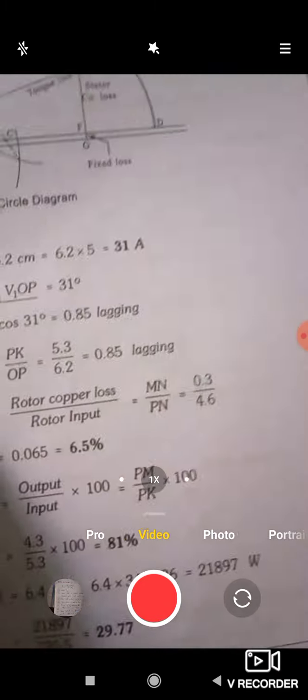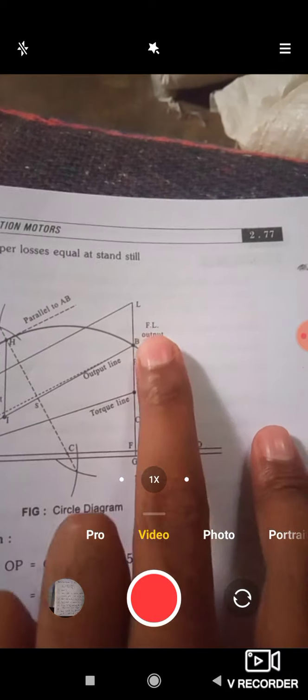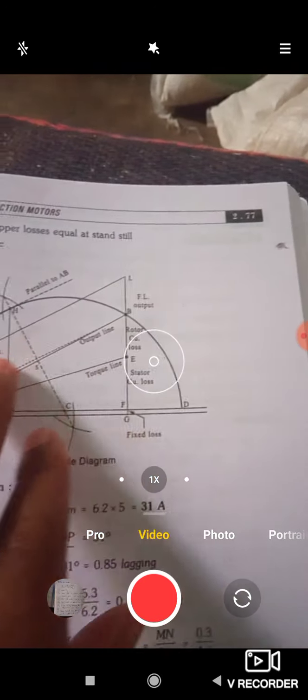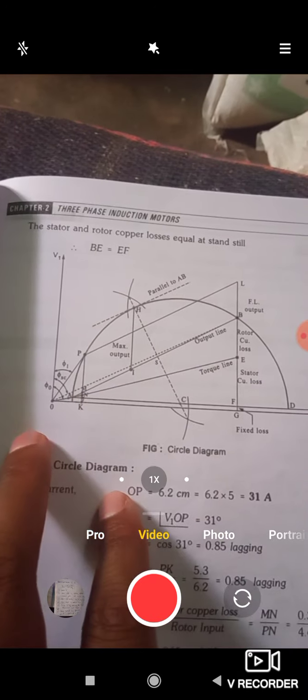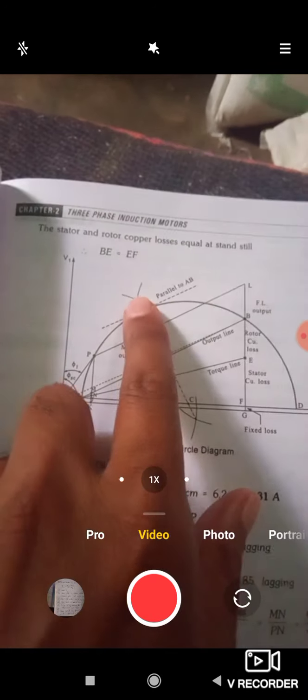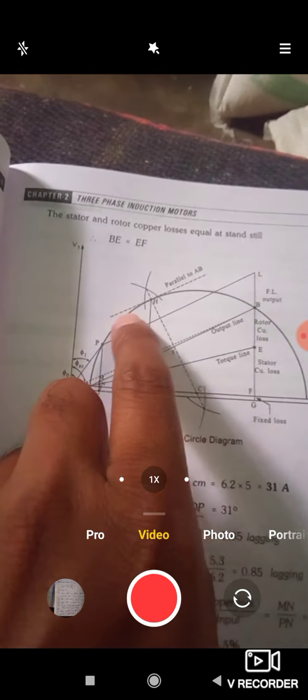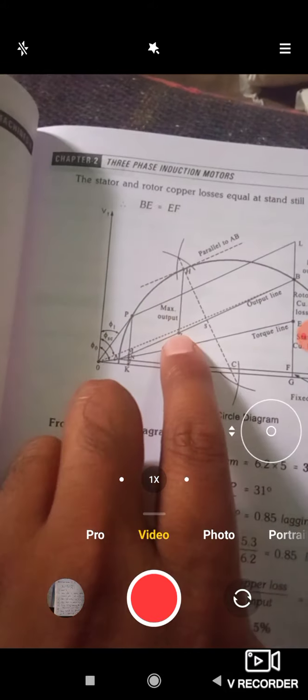Okay, so from this we have to draw BL, full load output, which is equal to 4.3 centimeters. From that, again this line PL is parallel to the output line. Okay, and also this line is parallel to AB to find the maximum output. HI is the maximum output.